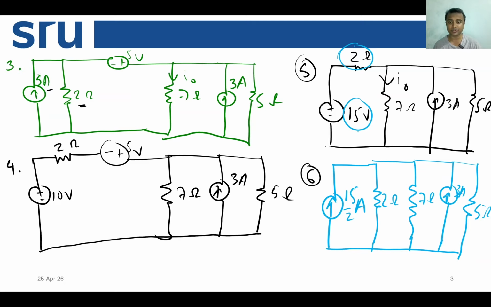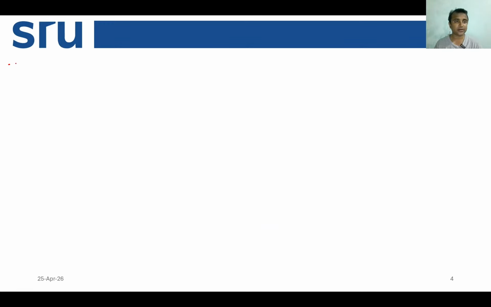So this 15 by 2 comes as 7.5 ampere. In the next page we can write this down in a fairer mode, for better understanding.